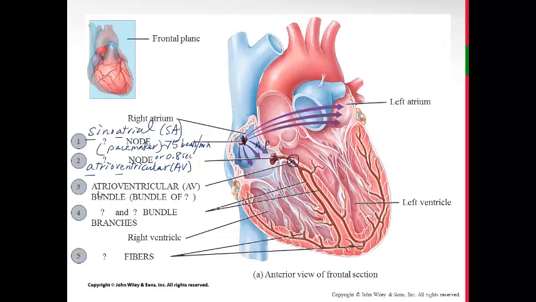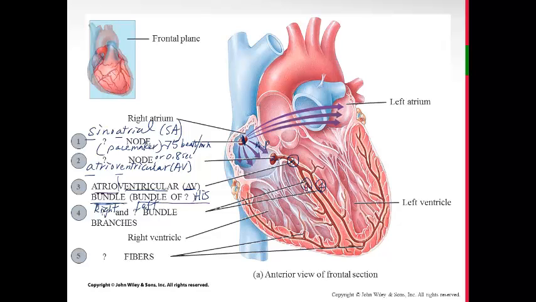So this is called your atrioventricular AV bundle, or you can call it the bundle of His. Interesting, huh? And then it branches into two sides. So we have your right and left bundle branches. Okay, so these are the four.